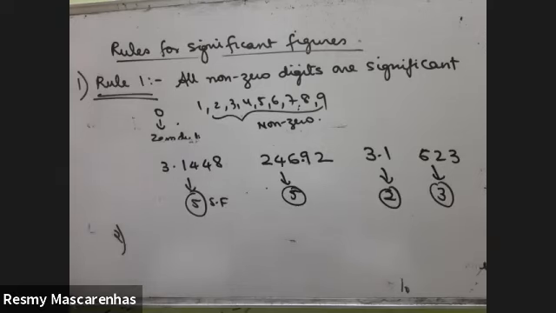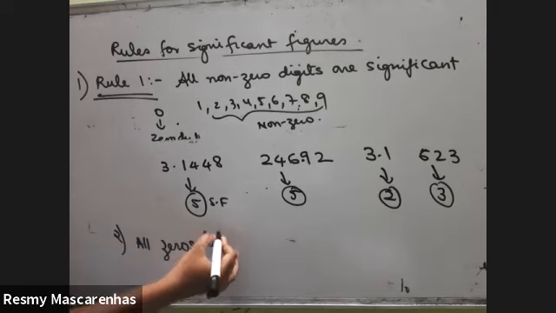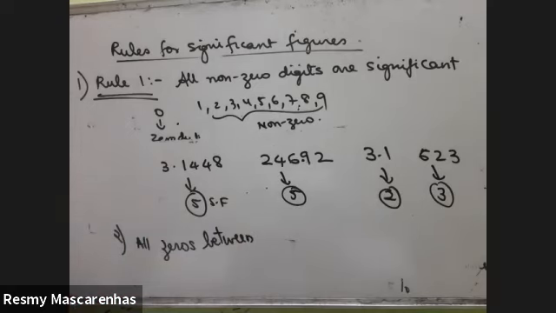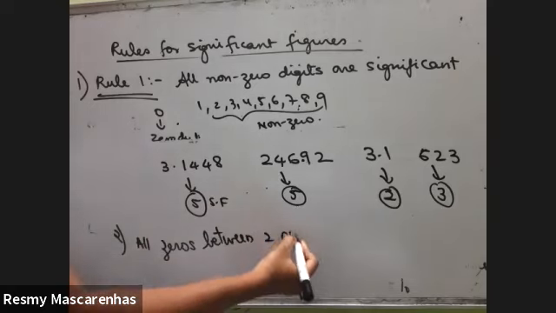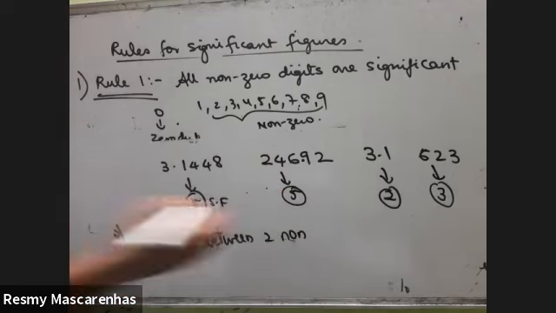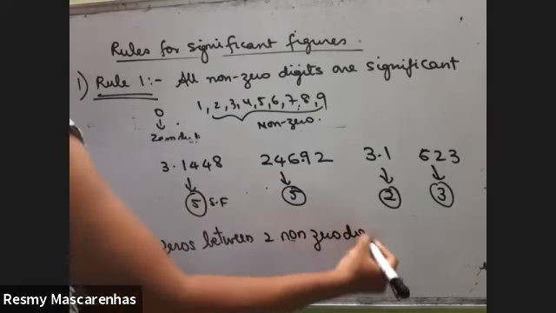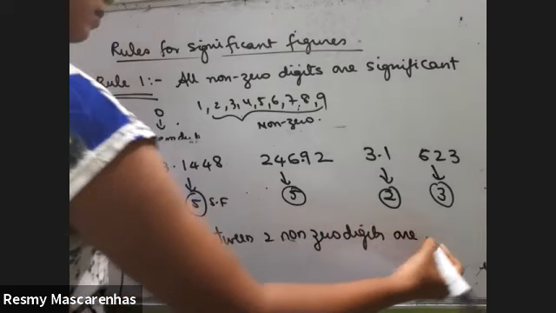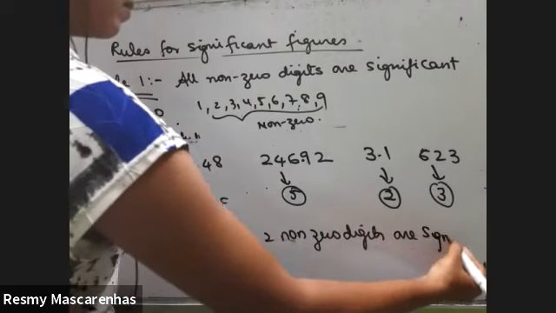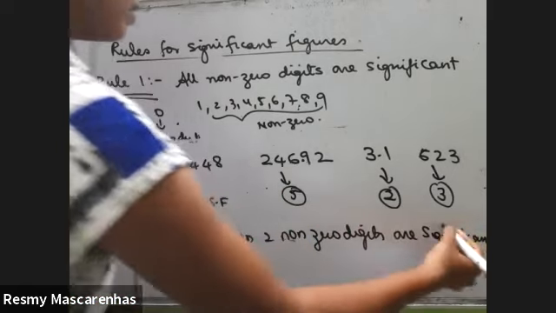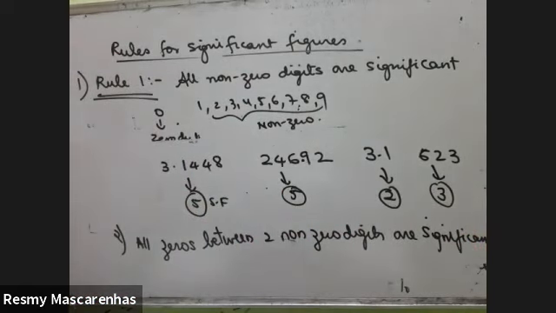Second rule: all zeros between two non-zero digits are significant.